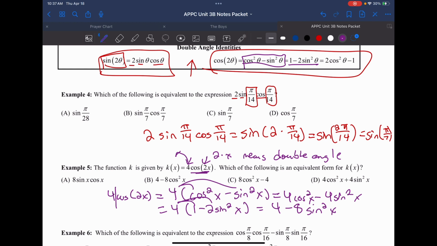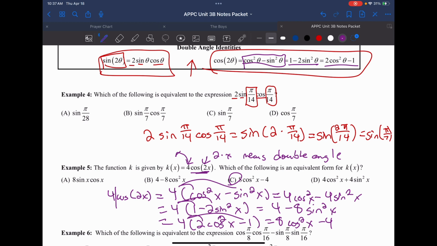Close, but not quite. So let's do the last one. So 4 times 2 cosine squared x minus 1, and distribute: 8 cosine squared x minus 4. Boom.